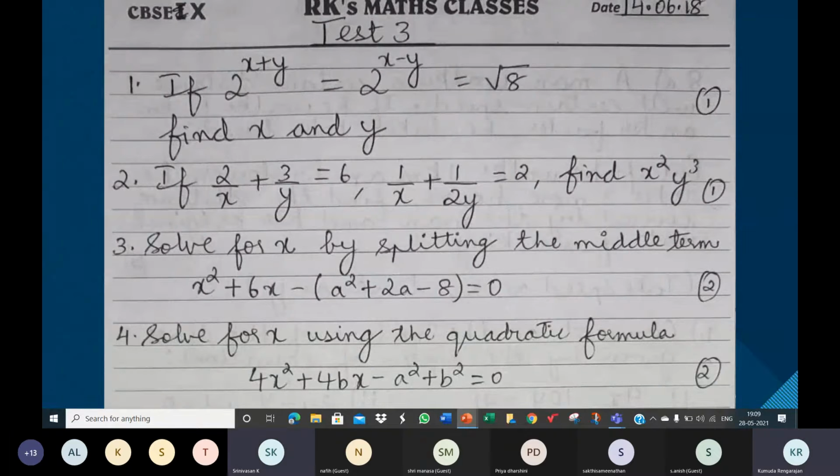X plus Y is 3 by 2. X minus Y is 3 by 2. X plus y is equal to 3 by 2 and x minus y is also equal to 3 by 2, is it? Yes, ma'am. What about the others?